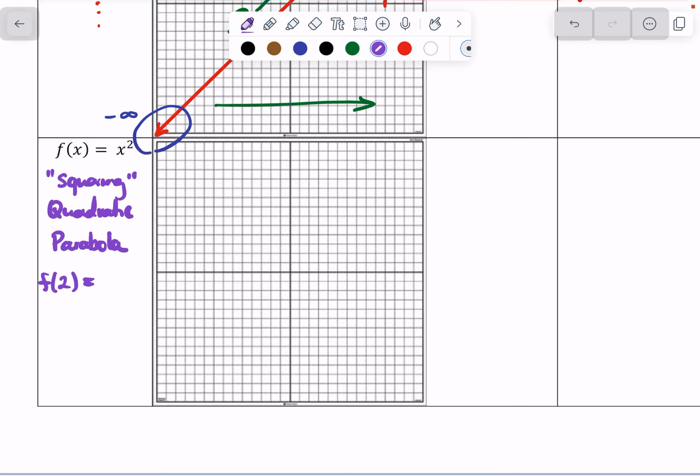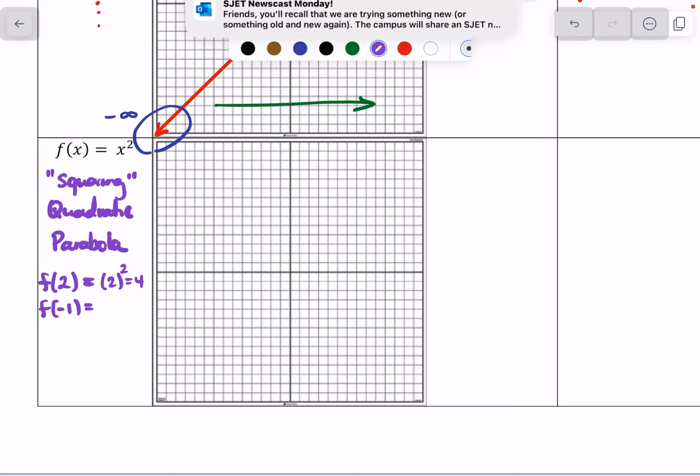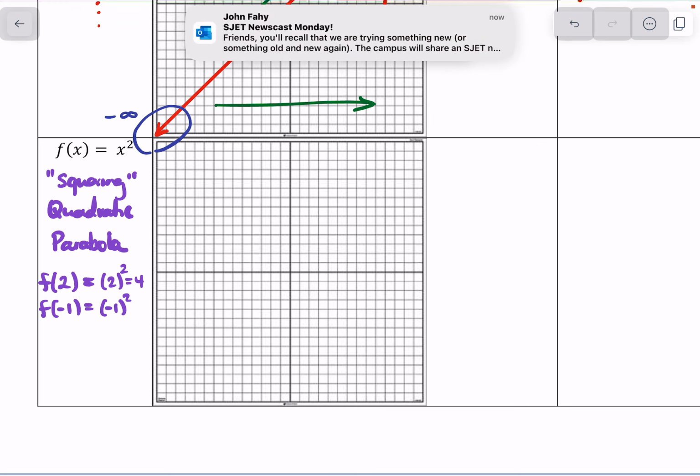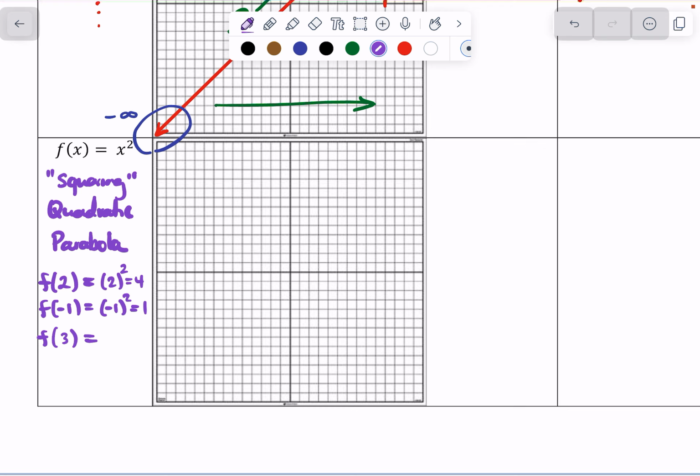So 2 squared would be 4. -1 squared. Remember to put those parentheses. You should get +1. Let's see, f of 3 would be 3 squared, which equals 9. f of, let's do -3, also 9.